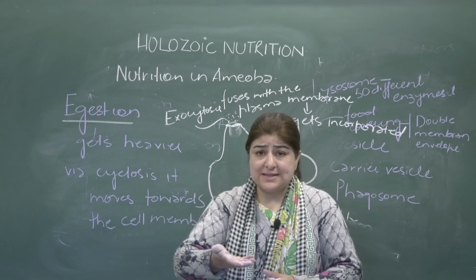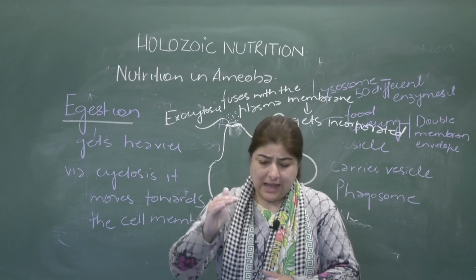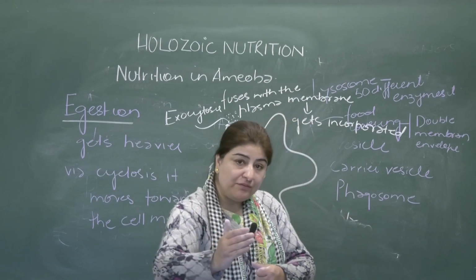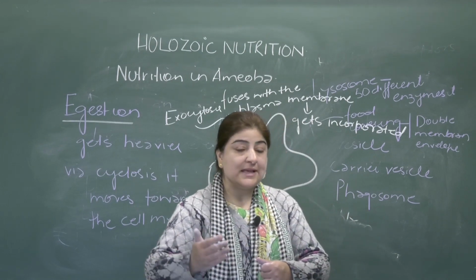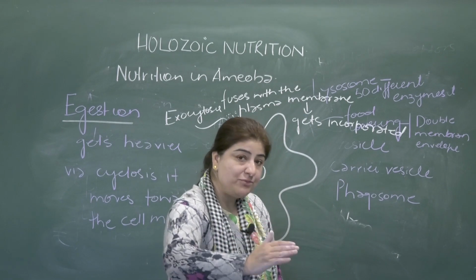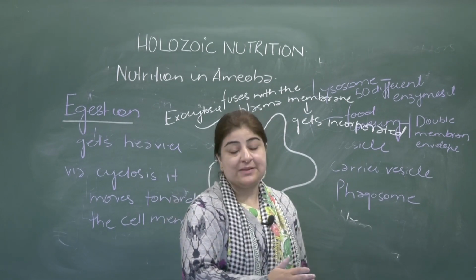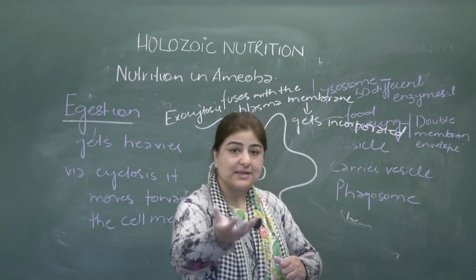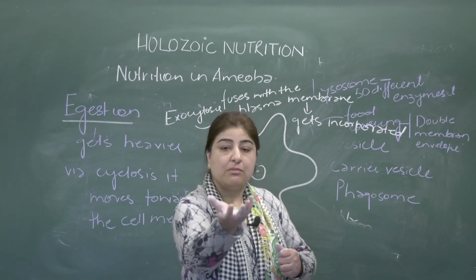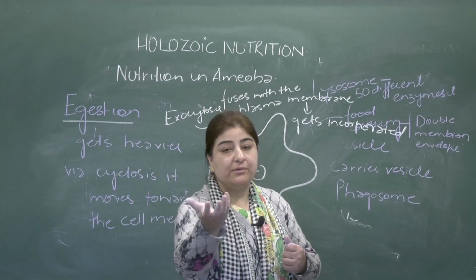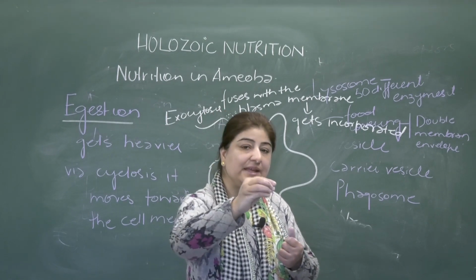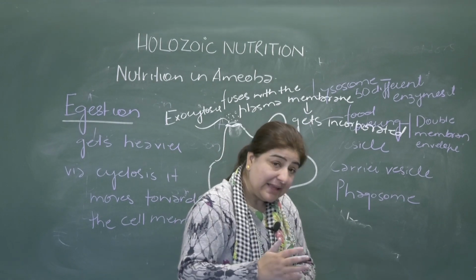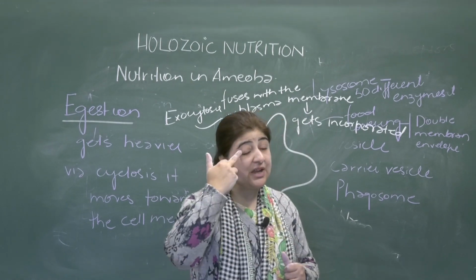Once it enters the cell and is still towards the periphery, then with the help of cyclosis, the perpetual motion of the cytoplasm or protoplasm inside, this phagosome, or the food particle inside the carrier vesicle, is taken inside. Then the second process, digestion, takes place.